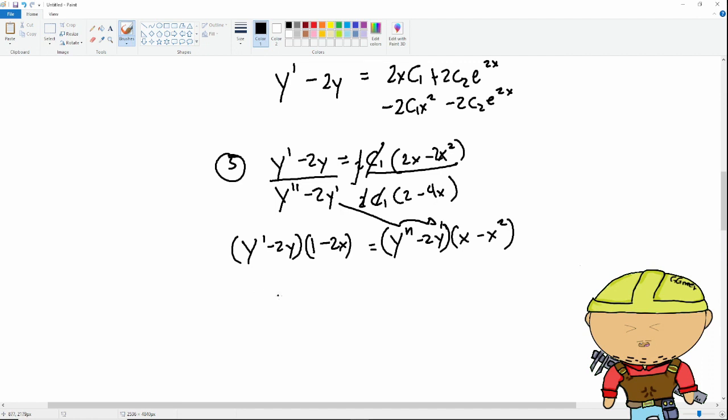So this will become negative 2y multiplied by 1 minus 2x, and y double prime minus y prime times x minus x squared. But this will become positive. We're gonna put everything on the right. For y prime, let's multiply this y prime on the right.